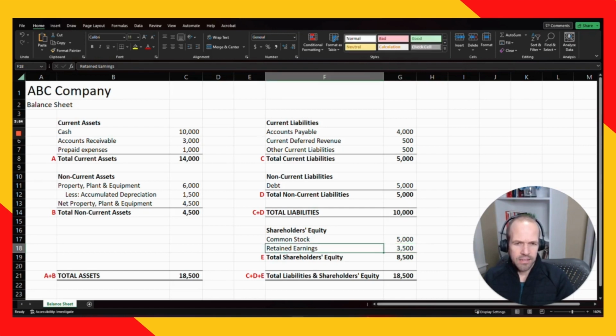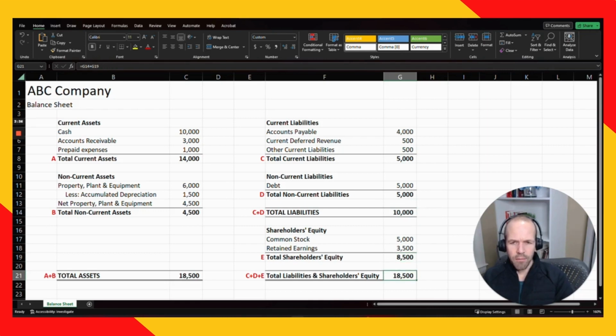In this case, the business has made $3,500 since its inception. That gives you total shareholders' equity of $8,500. And when you add total liabilities plus shareholders' equity, in this case, you get $18,500.